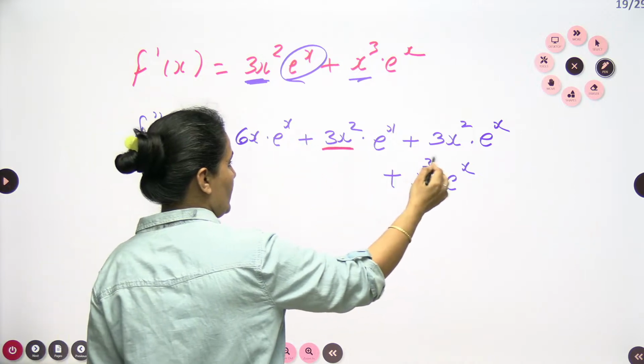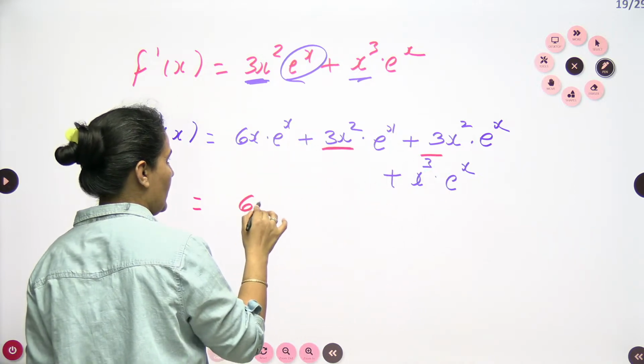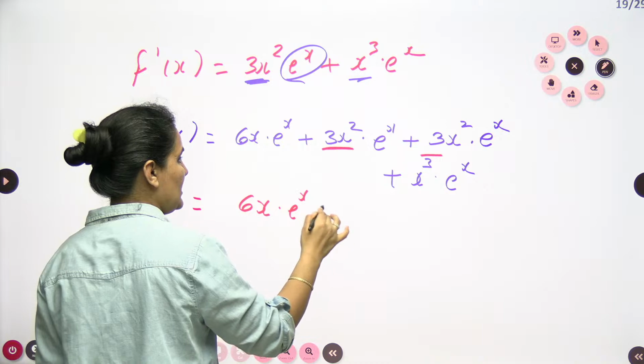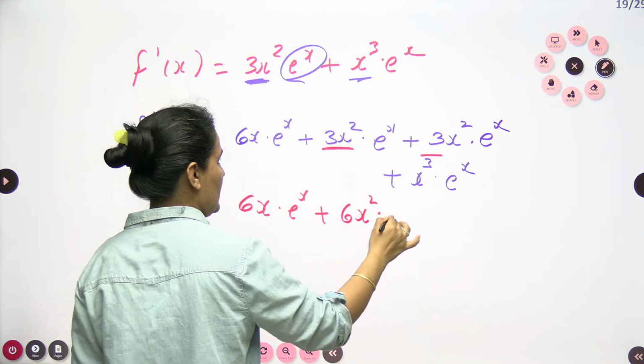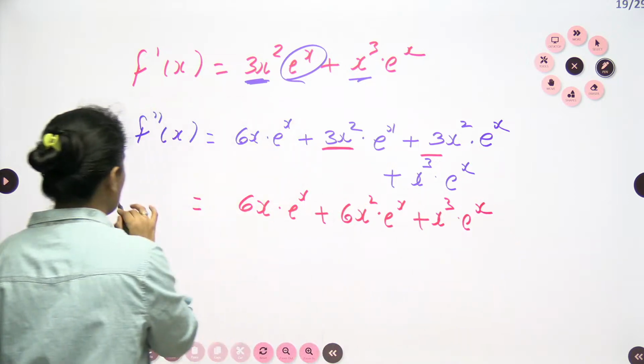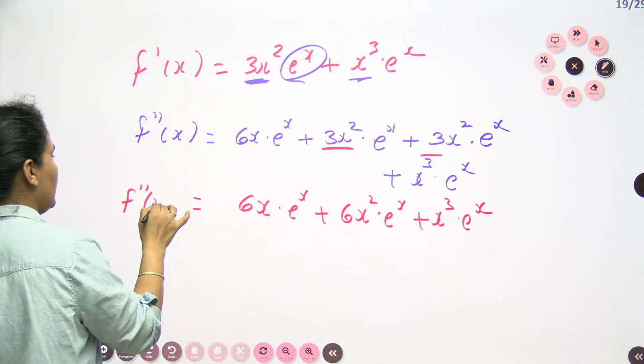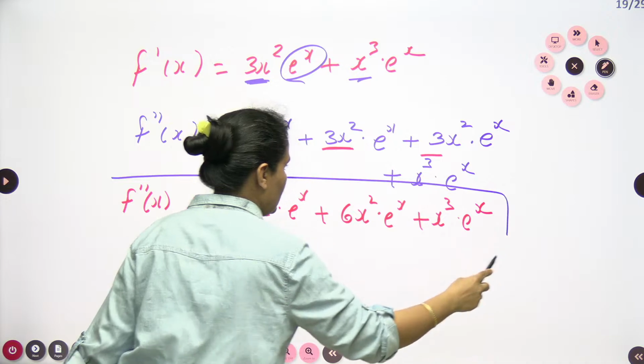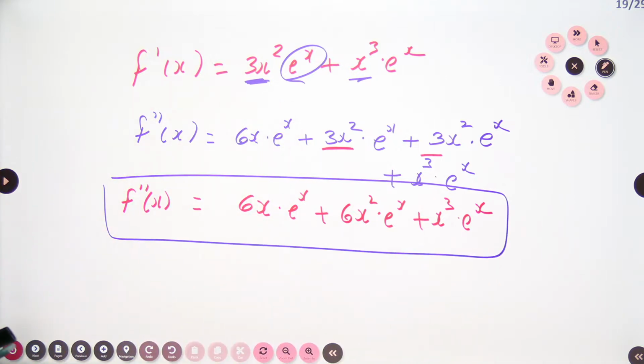So this is 3x square, we are having 6x square. So 6x e power x plus 6x square e power x plus x cube e to the power x. So when you check it, f double dash x, this is the value of double order derivative we are having right now.